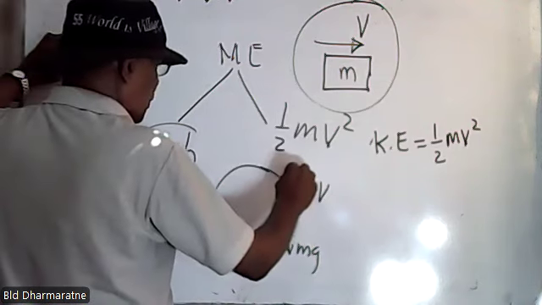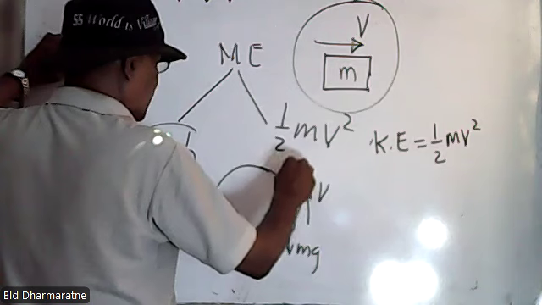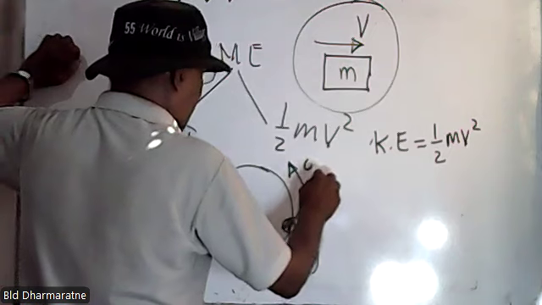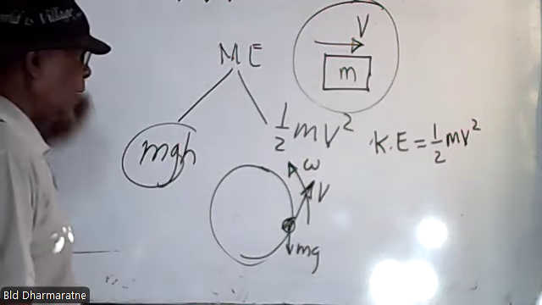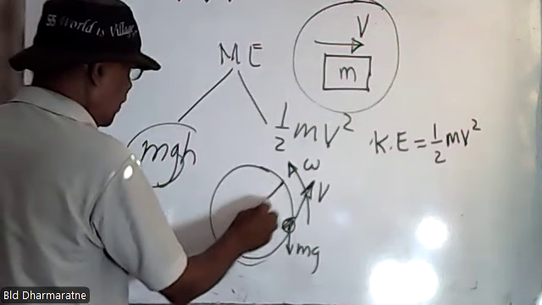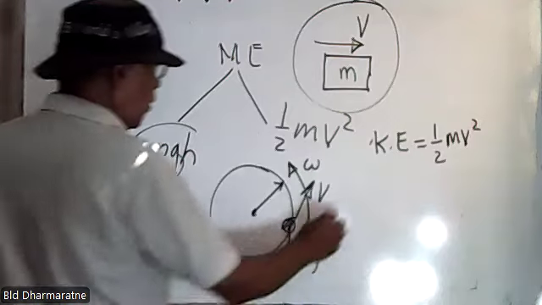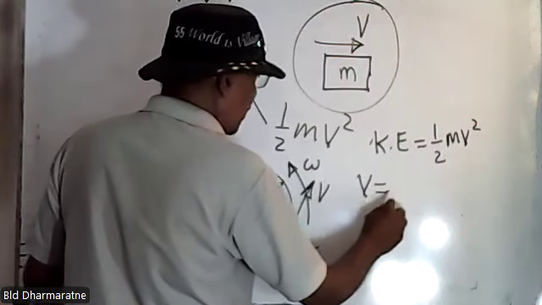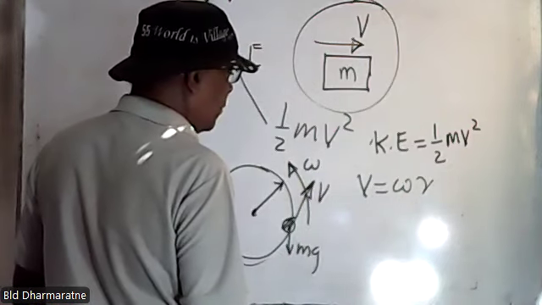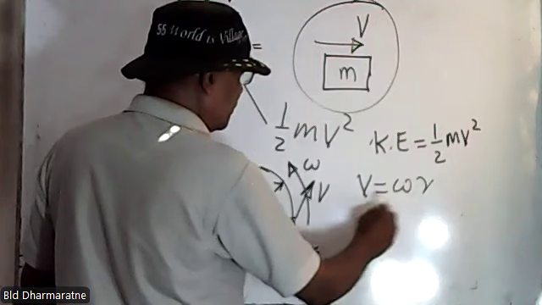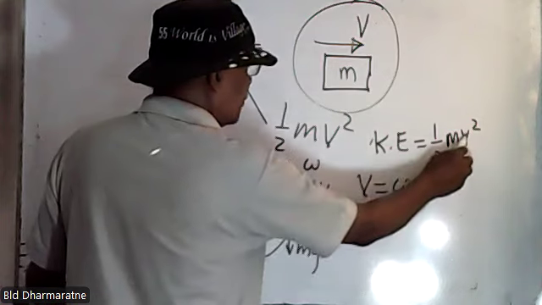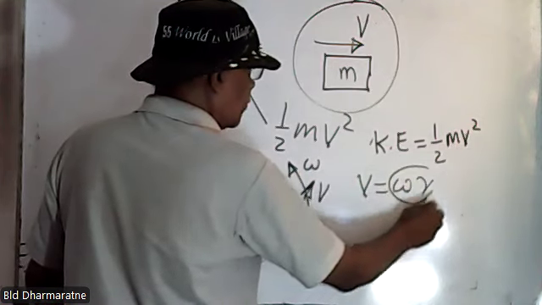Now we know that angular velocity omega and radius have a relationship. Earlier we discussed all those things. v equals omega r. We substitute this v value here.